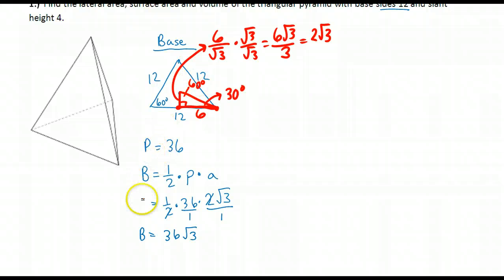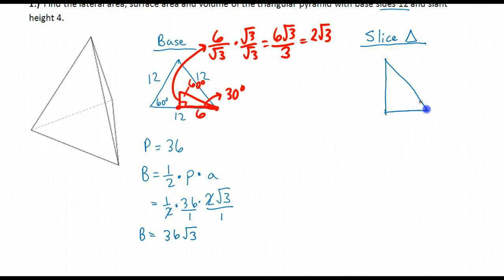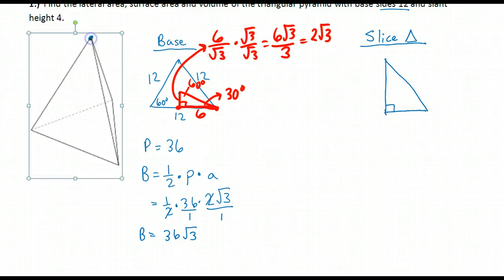After figuring out the perimeter and the base area, I want to look at the slice triangle. The slice triangle is going to be a right triangle, and it's going to be made up of 3 parts. One part of it is going to be the height of my pyramid.